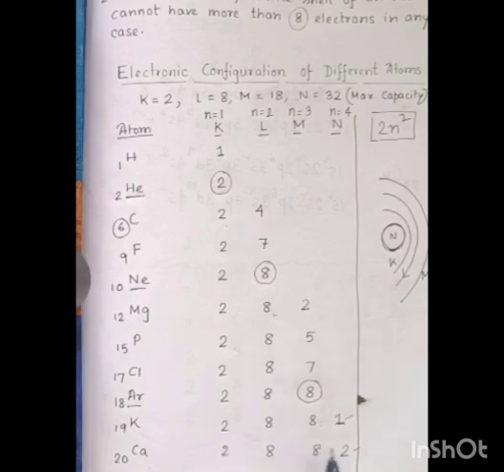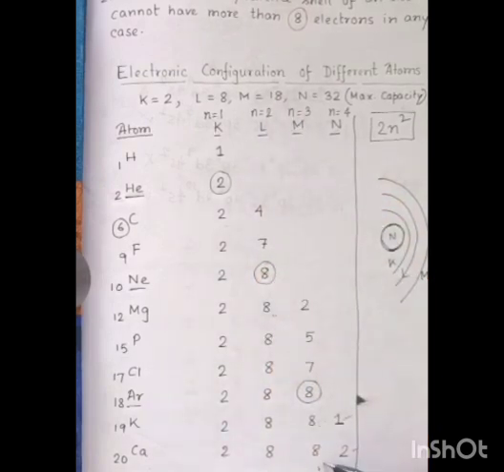Though its maximum capacity is 18, but at a time it can hold maximum 8 electrons only. So 10 electrons will be distributed this way, 8 plus 2. So 8 electrons will enter M shell, and rest 2 electrons will enter the fourth shell, that is N shell.